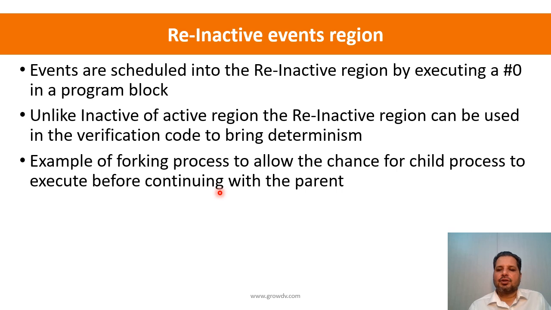That will ensure that the children of the fork get a chance to execute, and when they all block, the thread can continue with the parent. So under some special cases you can make use of it, but it is not something you would want to use in your everyday programming.